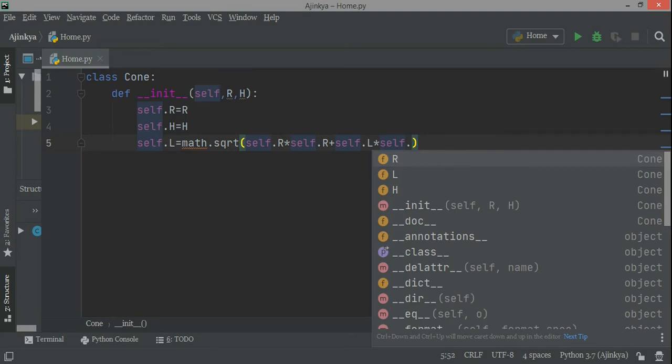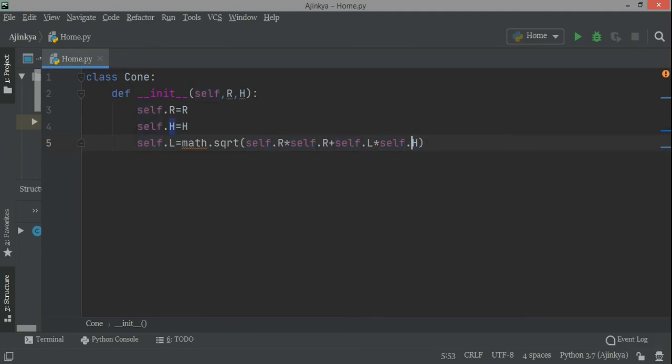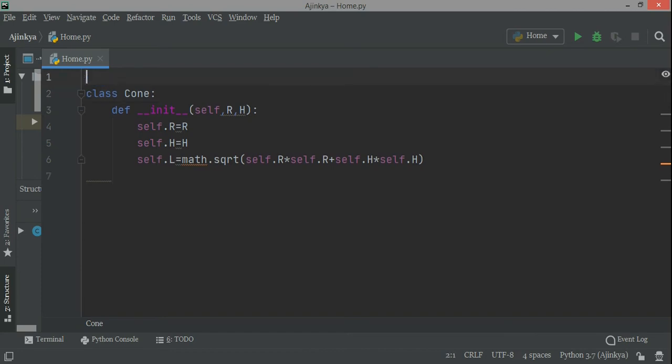Since I'm using sqrt, I have imported math. Now I design one more function, and the job of this function is to calculate the scale factor, using self.h upon small h, meaning the original height of the cone divided by the height from the tip of the cone to where it has been cut.